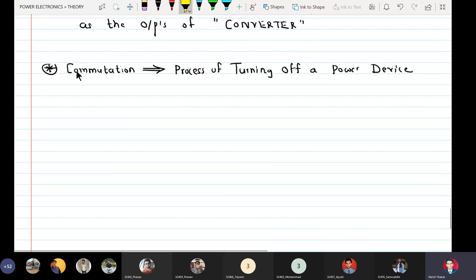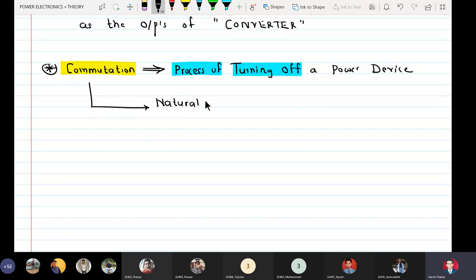So we know that commutation means it is a process of turning off or switching off a power device. So there are two ways in which you can commutate a power device. So commutation is classified as first natural commutation and second is forced commutation. Okay, so natural commutation and forced commutation.